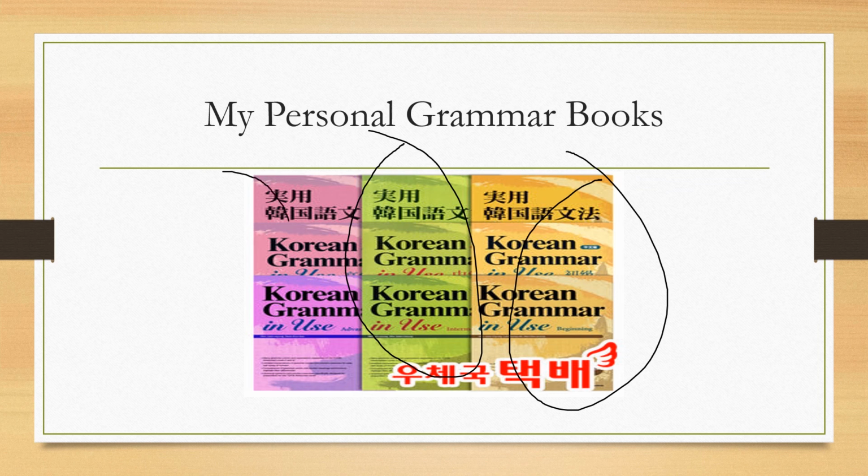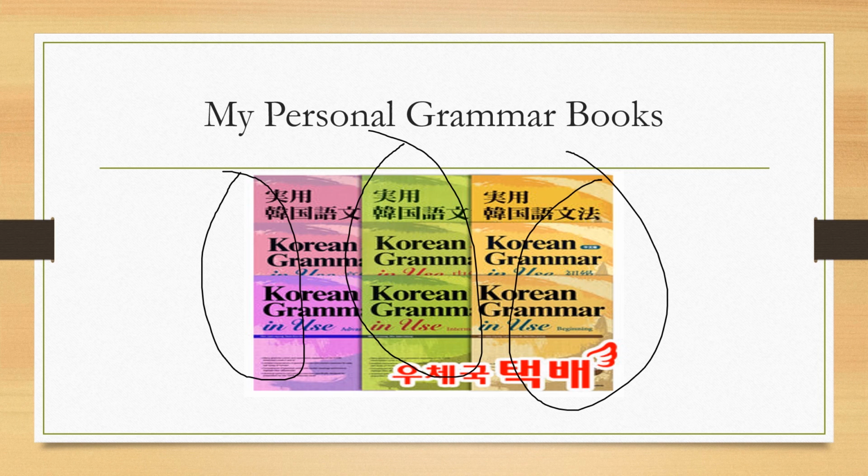And here you have level 3, the third book in the series. This is very advanced grammar, so only a few grammar points in the KIIP program come from this book here. But it's very high level. It's above spoken Korean. It's very academic and newspaper-like and written form, but it's useful to have.